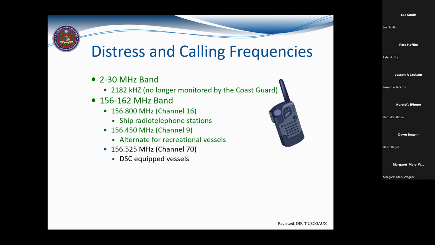Old radios use channel 70 as a ship-to-ship talking channel. Channel 70 is no longer legal for talking on it. The new radios will not permit you to talk on it, but somebody with an old radio may still be able to get there, and you need to discourage that because that could interfere with the distress information that would be transmitted.